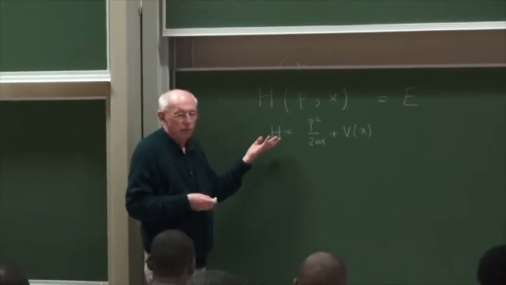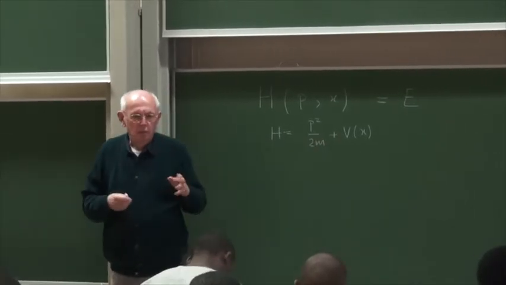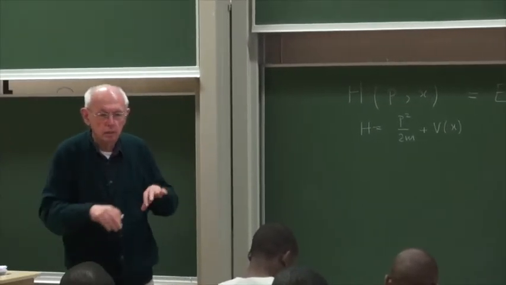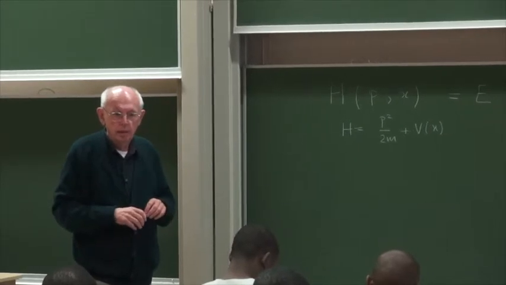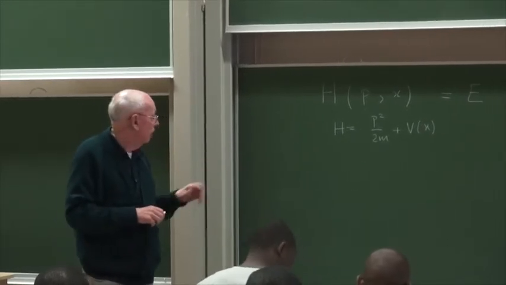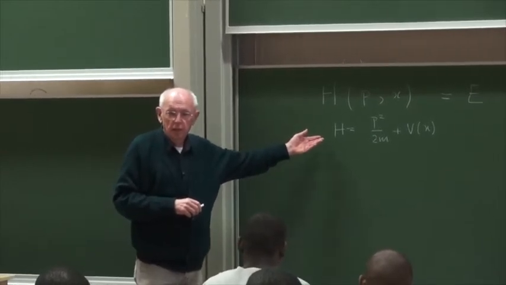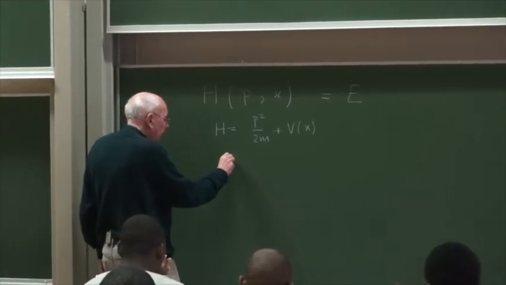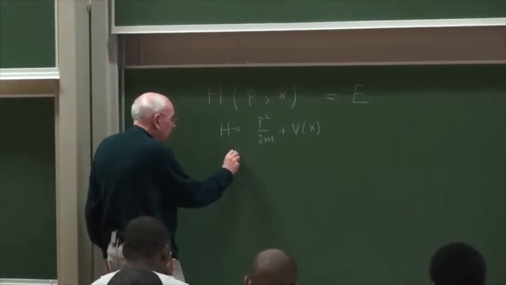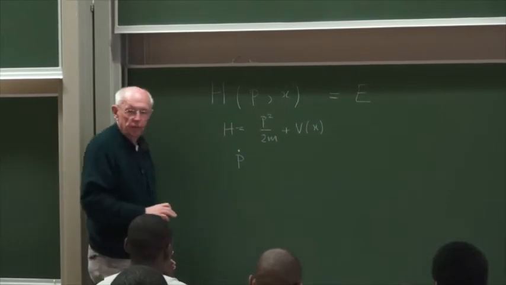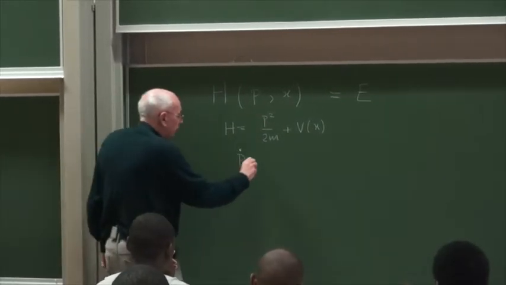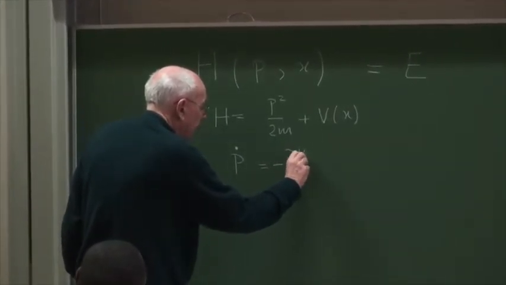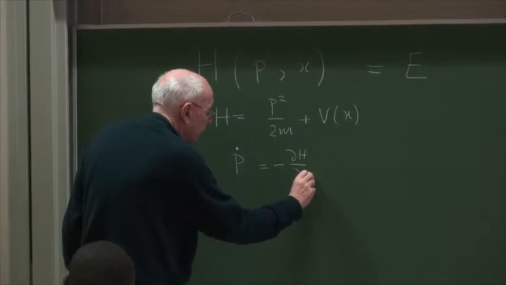But now, if I just write down this, you may say, well, you want to know what is the acceleration and all these things. You don't just want to know the energy function. And there, the Hamiltonian theory tells you that p dot, the derivative of p, is equal to minus dh dx.